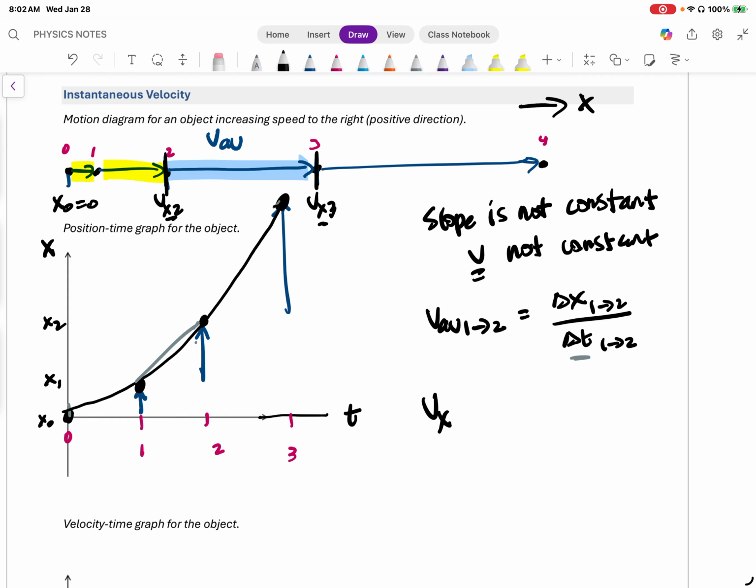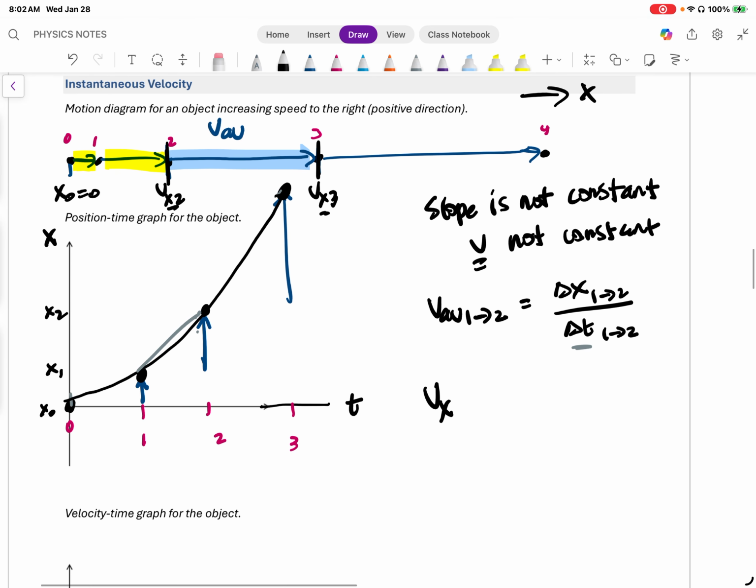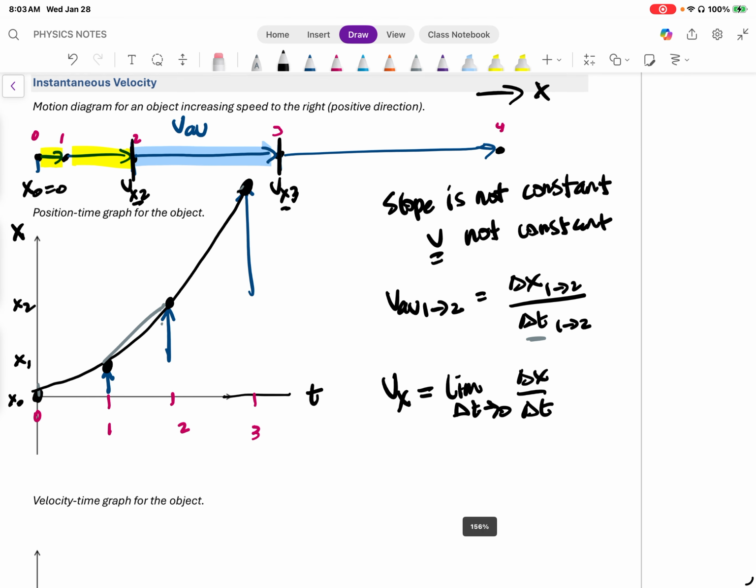For our average, we use that little AV to specify that it's an average velocity. To distinguish between that, if we have just v with the subscript x, this means we're talking about an instantaneous velocity at a given point. So this is the limit as my delta t goes to 0 of delta x over delta t. We still have that same direct definition for our average, but we're shrinking that delta t on the bottom.